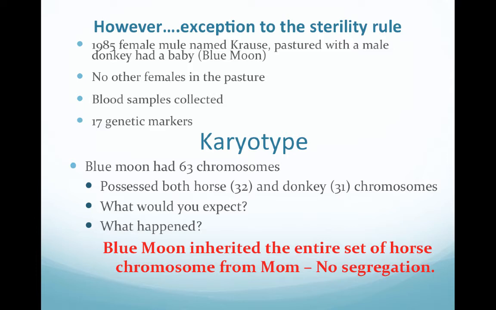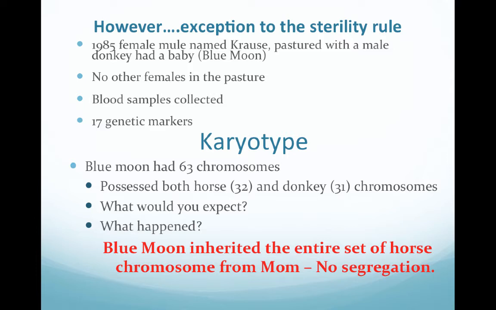And so they were able to create a karyotype for Blue Moon, and who was the dam, and they ended up finding that she had 63 chromosomes, which is a normal amount of chromosomes for a mule. But instead of being sterile, she ended up being fertile.